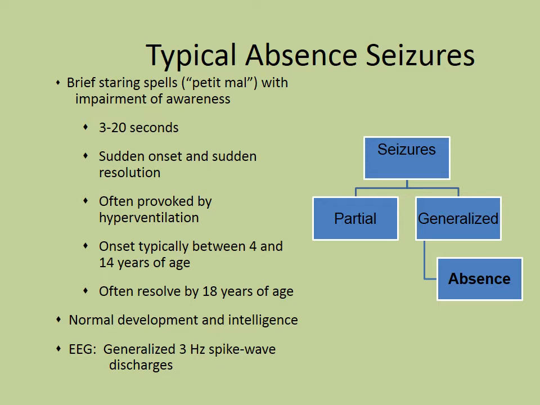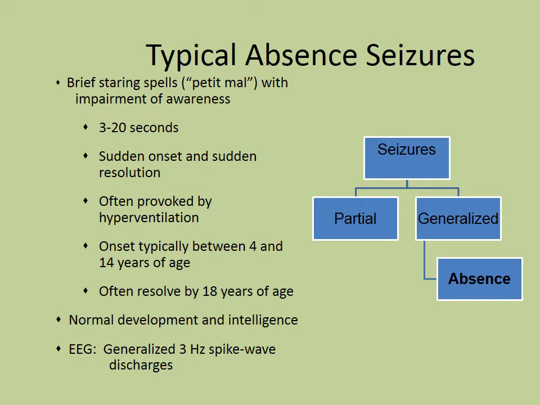If the duration is more than 10 seconds, then they also have some accompanying motor phenomena such as eye blinks, mouth or hand movements, changes in muscle tone. They usually begin between the ages of 4 and 14, and they usually resolve by age 18.